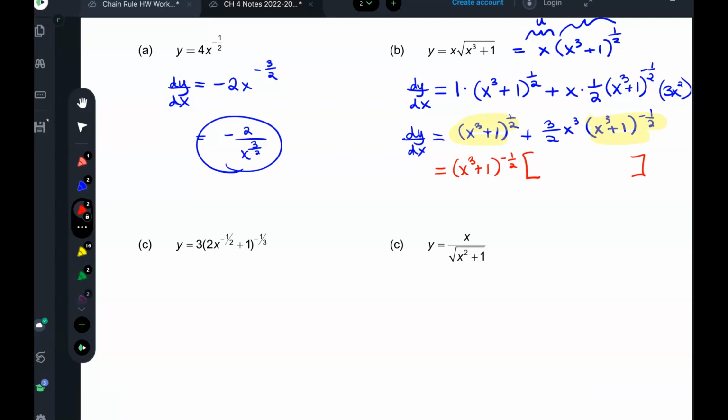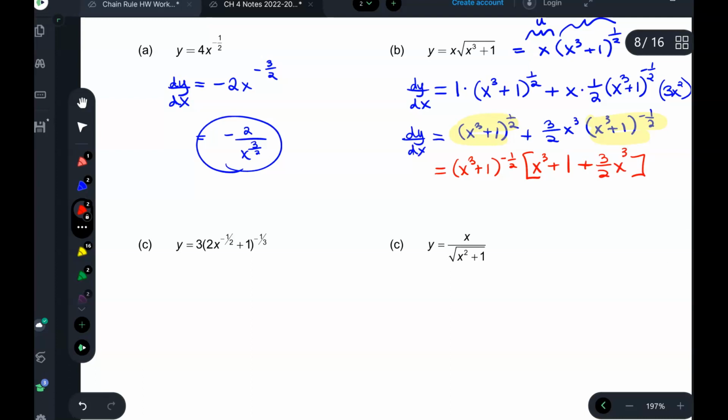Okay, what do we get when we factor out? We get x cubed plus 1 plus 3/2 x cubed. I guess that makes sense.